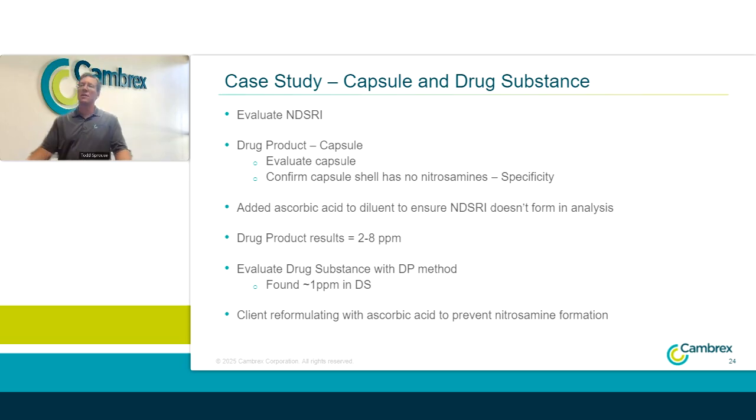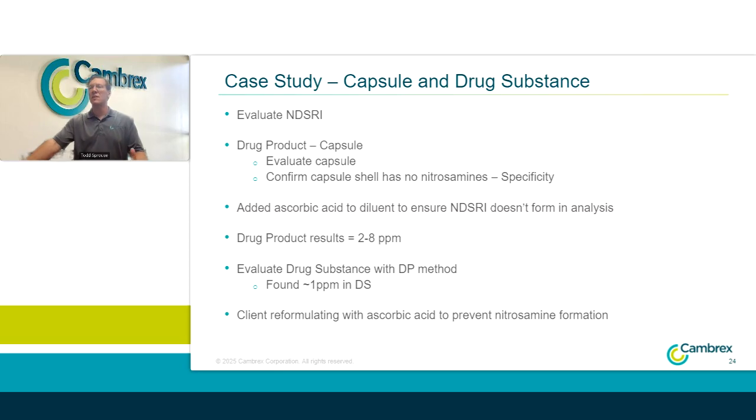And then the drug product itself did have 2 to 8 ppm, and so it was shown to be growing on stability. And this is where we then walked backwards from the drug product to evaluate what the content in the drug substance was, and found that there was about 1 ppm in the drug substance.